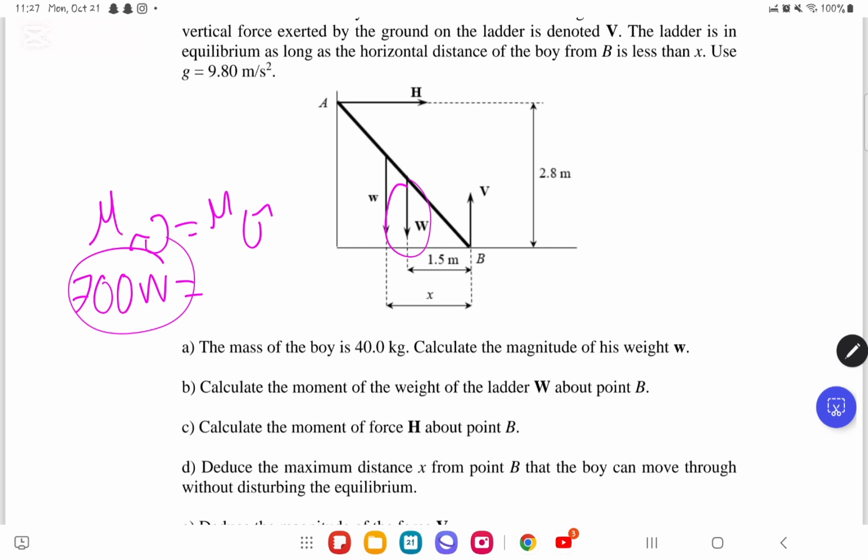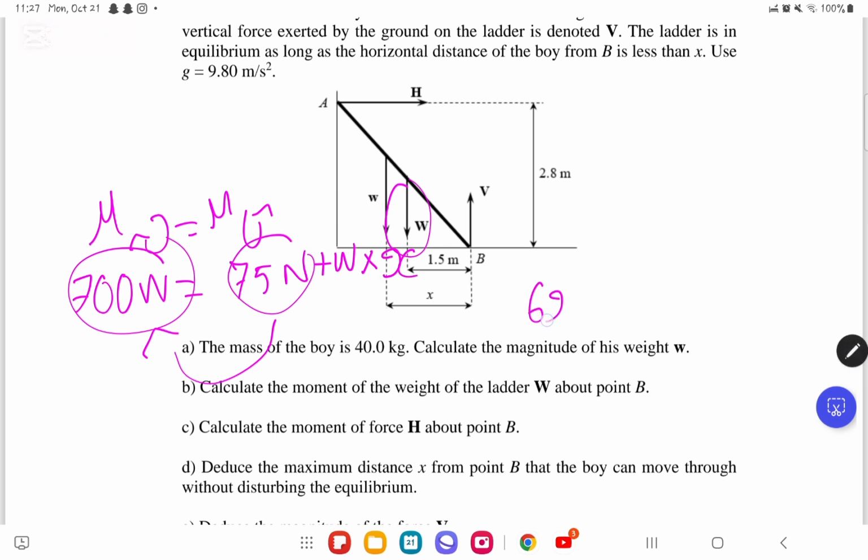The horizontal force's moment, which is 700 newton meters, is the clockwise, and the counterclockwise is the weight's moment, 75 newton meters. But we are going to add the weight of the boy times the maximum distance he can move. So bring 75 to the other side. 700 minus 75 becomes 625.